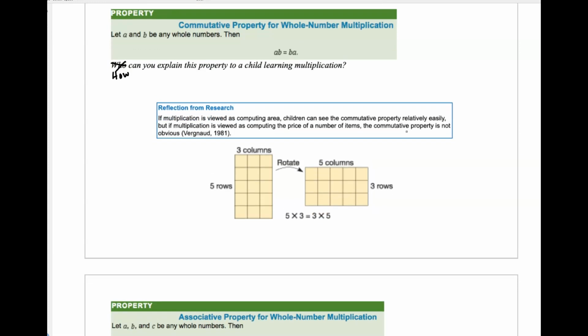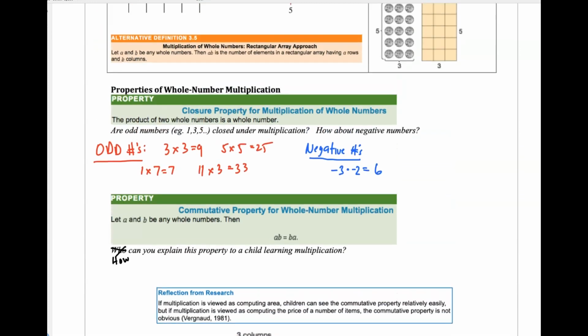Before we leave multiplication, remember there are some properties, just like we had with addition and subtraction. The closure property: the product of 2 whole numbers is a whole number, so it's closed for whole number multiplication. But what about odd numbers? Are odd numbers closed under multiplication, meaning if you multiply 2 odd numbers, do you get an odd number?